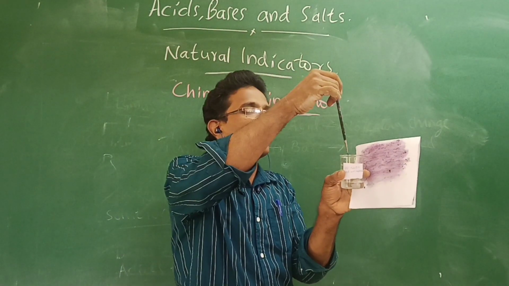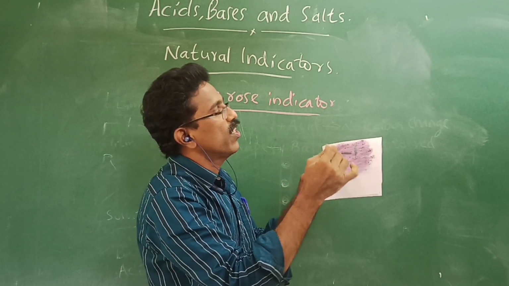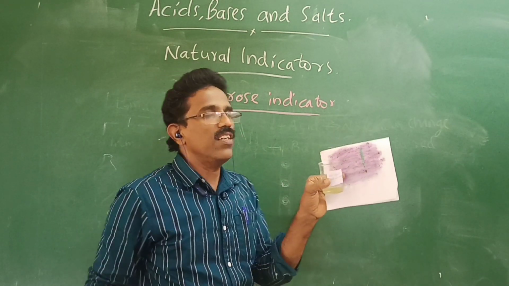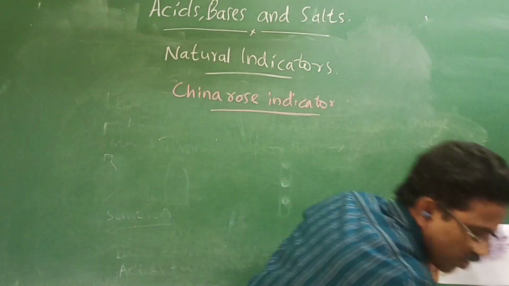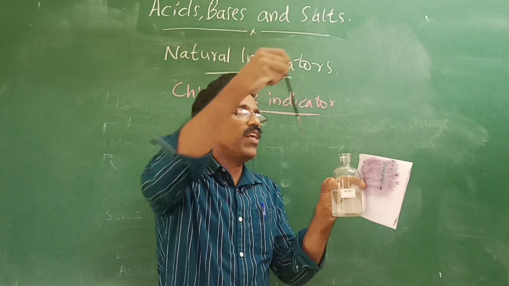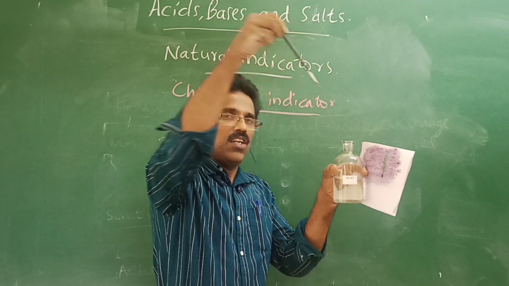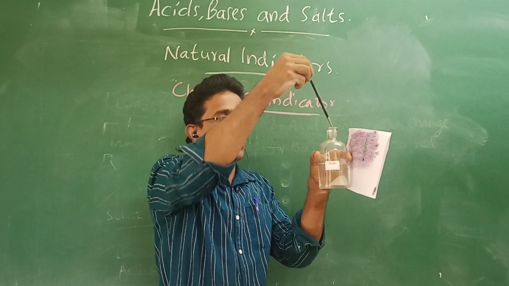Use sodium hydroxide. Sodium hydroxide you apply on this China-rose. You can see the green coloration. Wash it. After washing the brush, you can dip it into dilute hydrochloric acid.